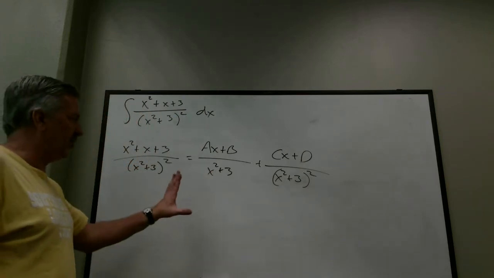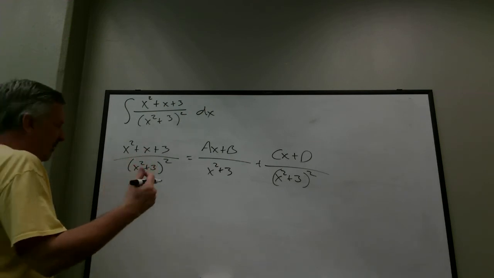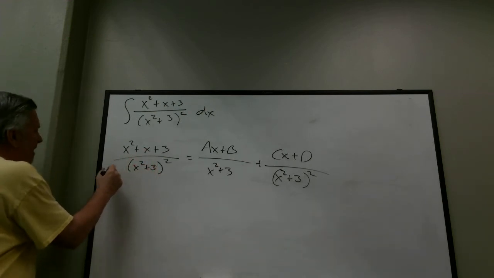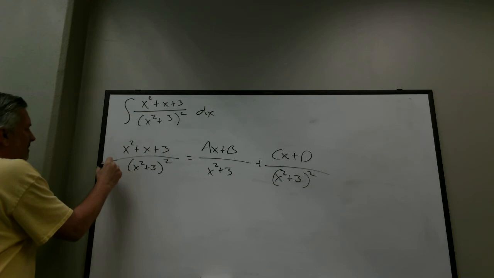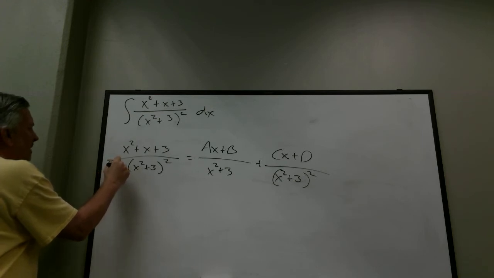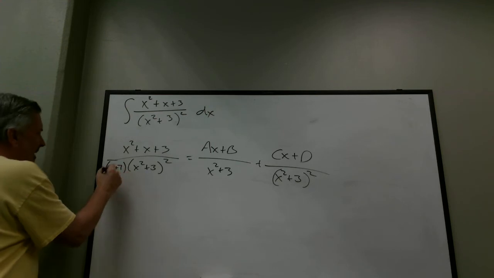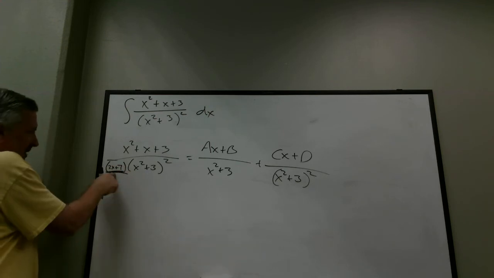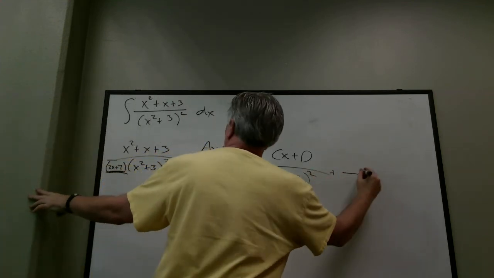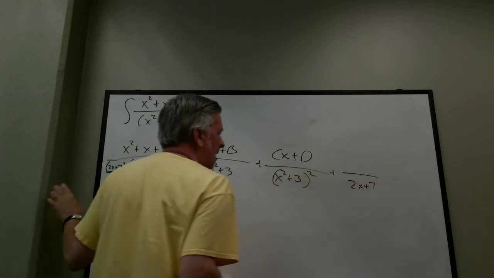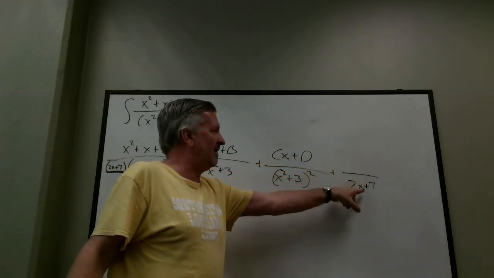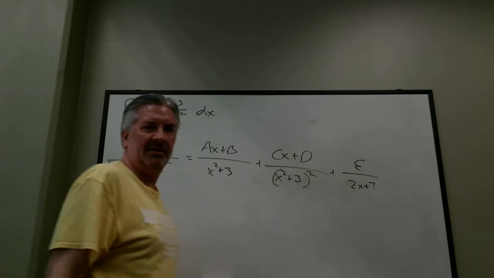Okay. Now don't mess up your problem. I'm going to do this just for contrast. What if I had 2x plus 7 as another factor here? Notice that's linear, right? So if I had that extra factor here, I'd have to have a linear term, 2x plus 7. But what would be in the numerator here? Because that's a linear, you just need a constant.